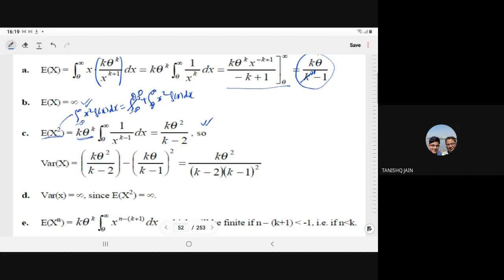Now what is the formula of the variance of x? It is E(X^2) minus the square of E(X). So it will become kθ^2 upon (k-2) minus the square of kθ upon (k-1). On solving, you will get kθ^2 upon (k-2)(k-1)^2.